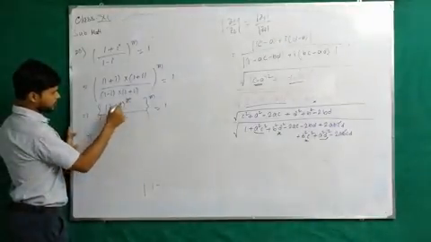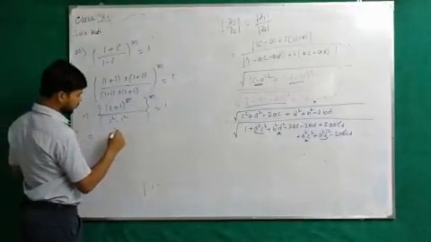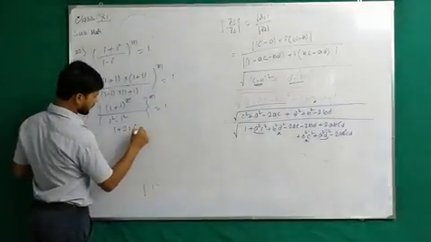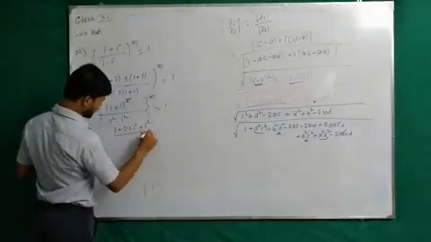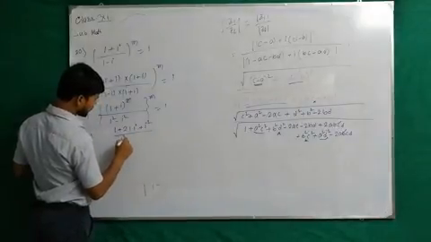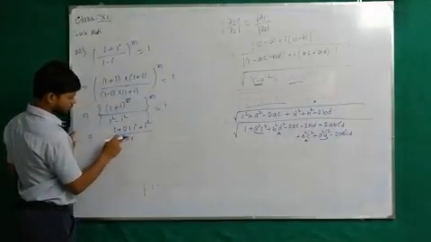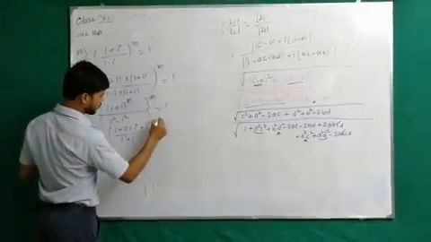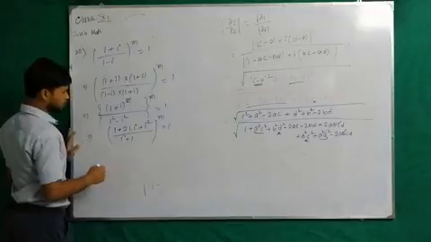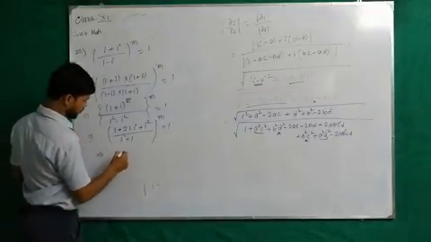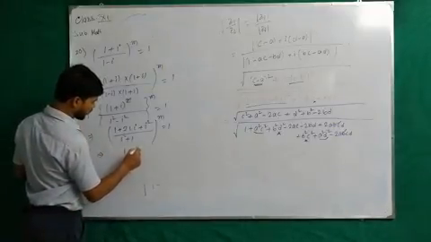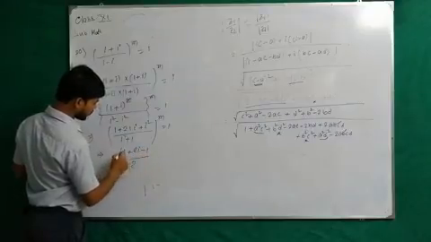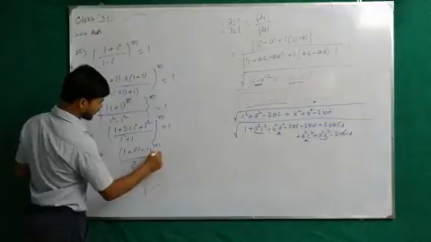Now if I expand (1 plus i) whole square by the formula, so 1 square plus 2 into 1 into i plus i square, by 1 square plus 1, because i square equal to minus 1, whole to the power n is equal to 1. That means (1 plus 2i minus 1) by 2, whole to the power n is equal to 1.